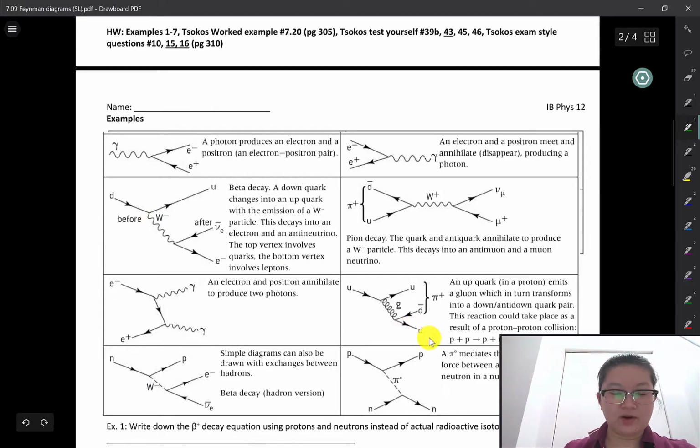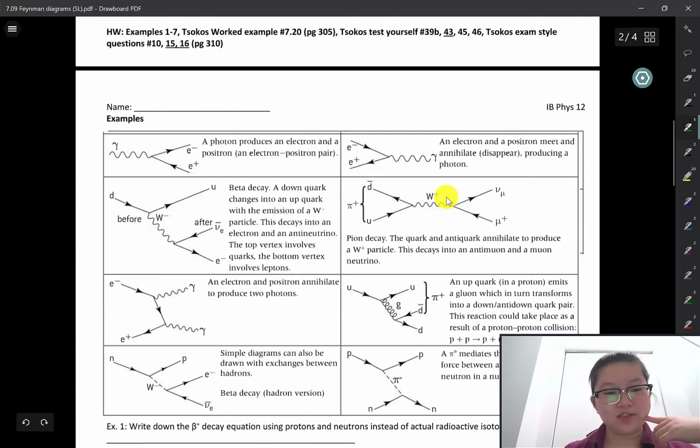That's how an exchange particle leaves to mediate that decay. There are ones where they come together. So sometimes you might have an exchange particle turning into a particle-antiparticle pair, or you have a particle and antiparticle annihilating to become some sort of energy or a photon, or it can be other exchange particles. So they come together, they meet at a point, and then they become something else. So that's two types: you've got a decay, and you've got annihilation happening here.